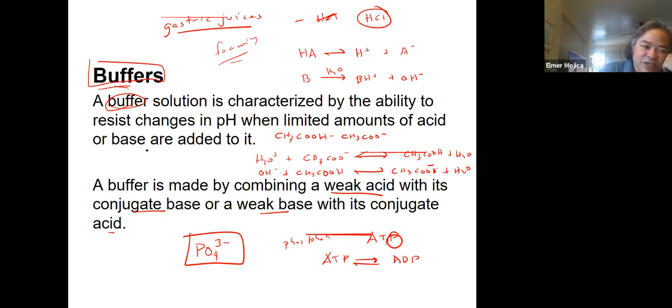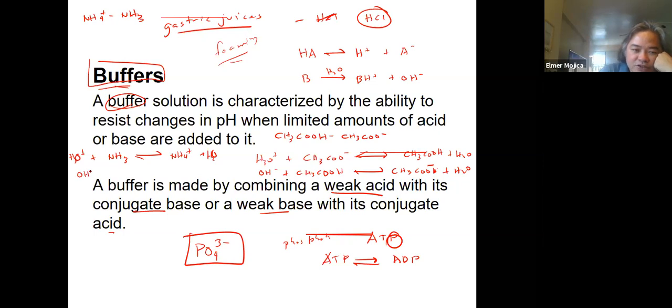Okay? And if you have an ammonium system, NH4 plus and NH3, when you add an acid to it, the basic form will react with it, producing NH4 plus and H2O.